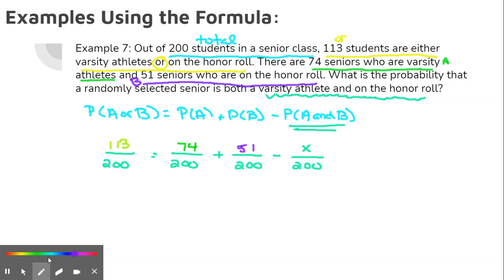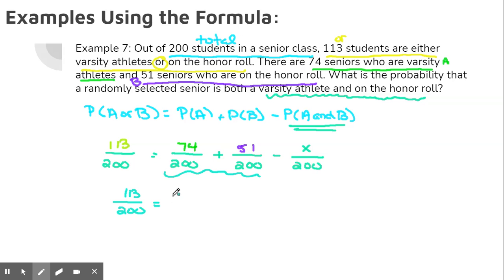So you start by adding together what you can. Now, the fact that these are all over 200, I can even clear out this fraction as well. I would subtract over the 125. I would get negative 12 over 200 equals negative X over 200.